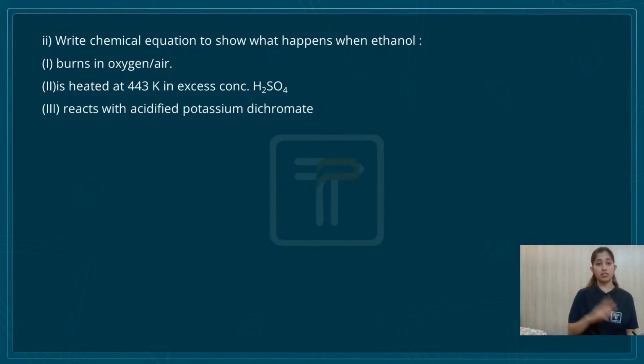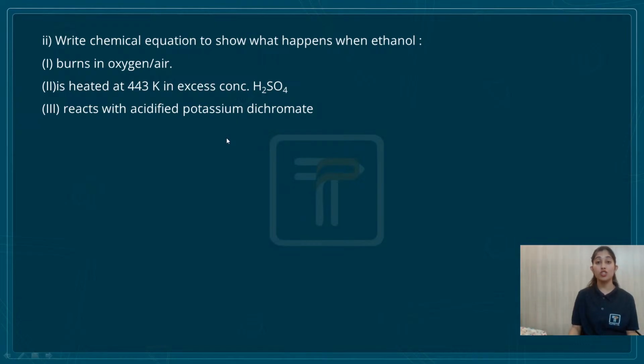Okay, so next, write the chemical equation to show what happens when ethanol burns in oxygen or air. What happens? Earlier it was oxidation of ethanol, now it is burning in oxygen. Ethanol is a good fuel. When it burns, what will it release? What will ethanol release when it is burning in the presence of air?